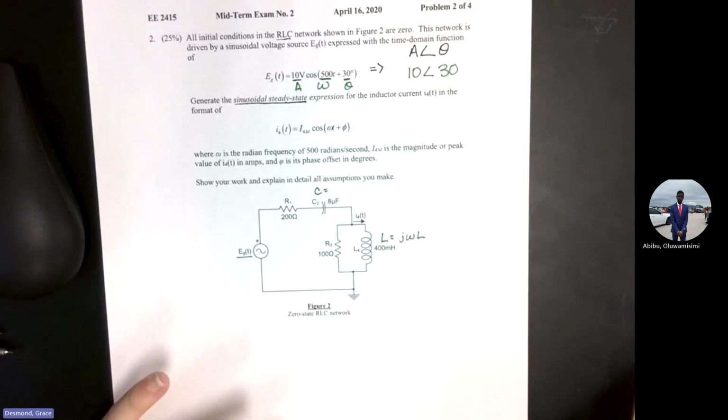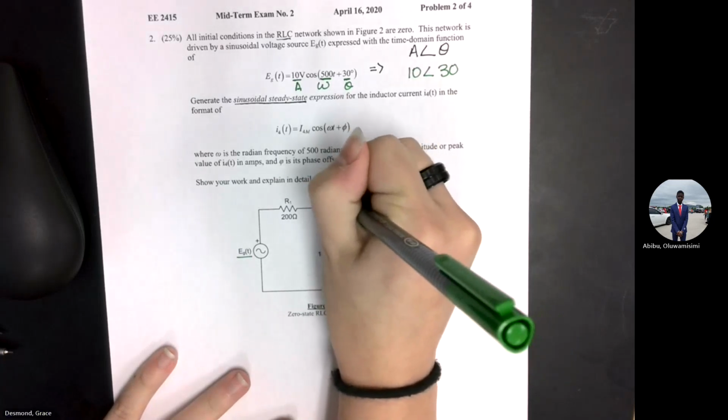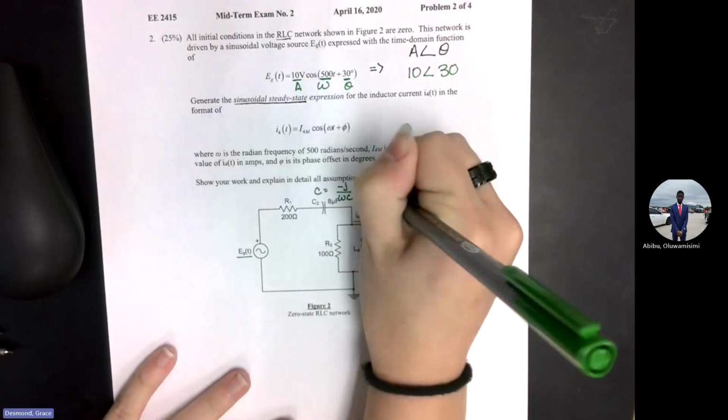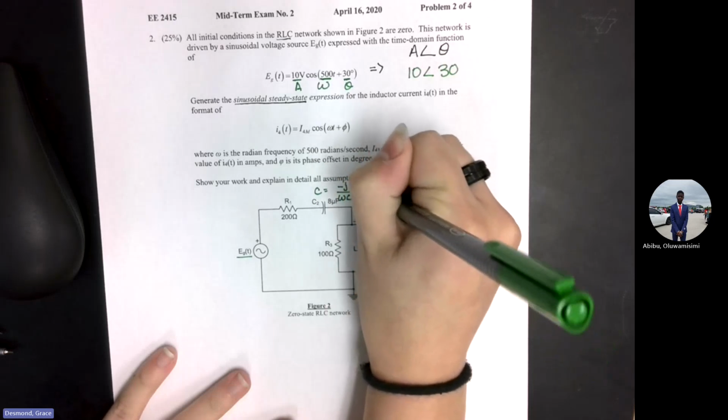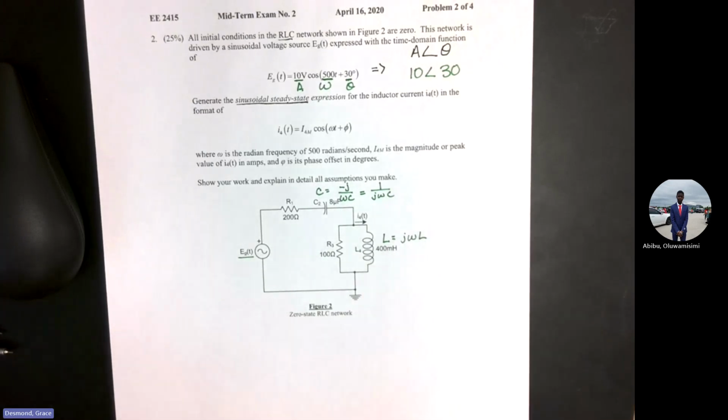Negative J over omega C, which is also equal to 1 over J omega C. If the signs mix you up, I would just recommend doing that, because 1 over J is the same as negative J, which nobody explicitly told me, and I didn't realize that. An identity, yeah. So either of those works, they're the exact same thing.